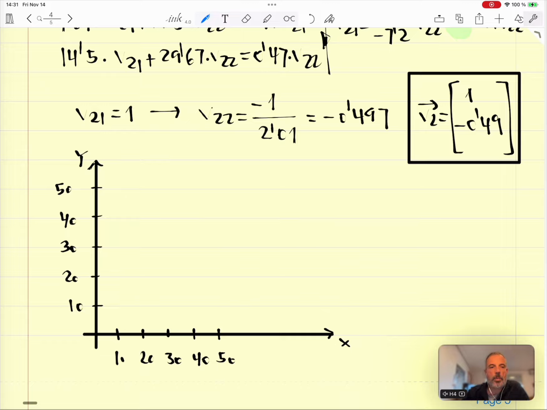And I represent the data. The first data is 17, 34, so somewhere here. The second data is 19, 41, somewhere there. 23, 46, something like this.